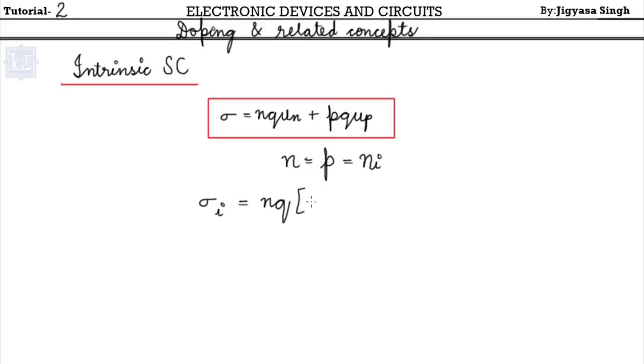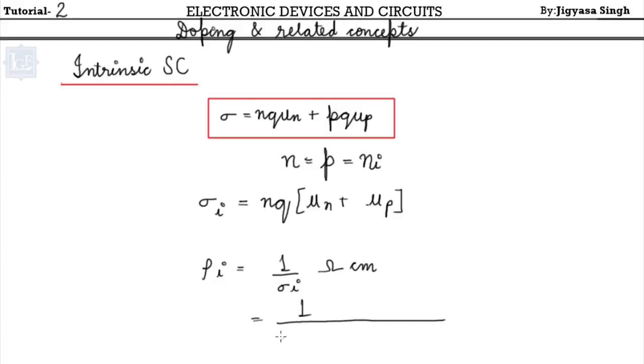Ni Q, taking it common, mu N plus mu P. And for the resistivity, I'll just take its reciprocal, one upon Ni Q times mu N plus mu P. So why are we doing the doping in the first place?